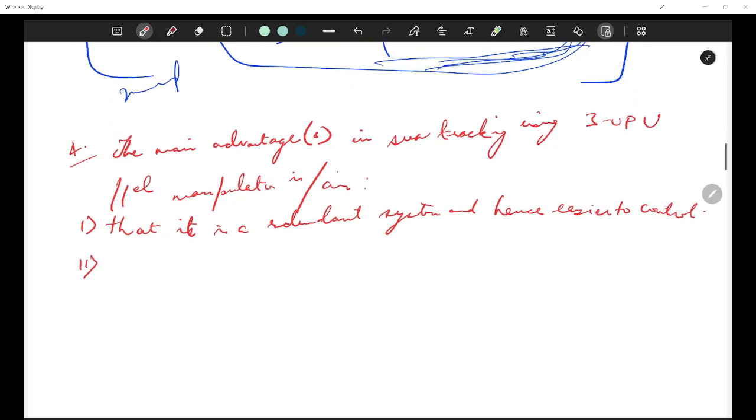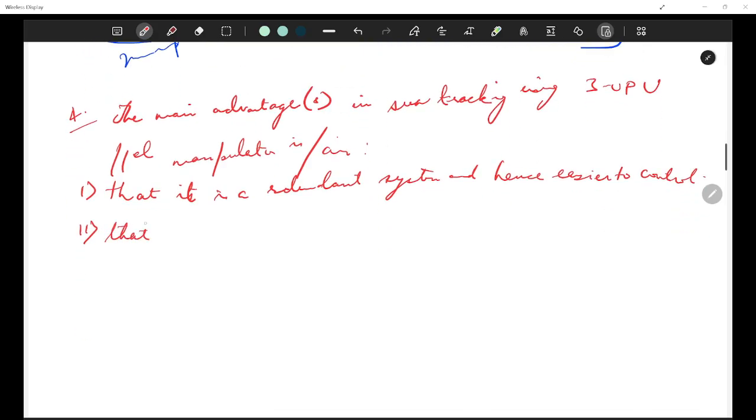That the extra joint results in less pointing error in sun tracking.